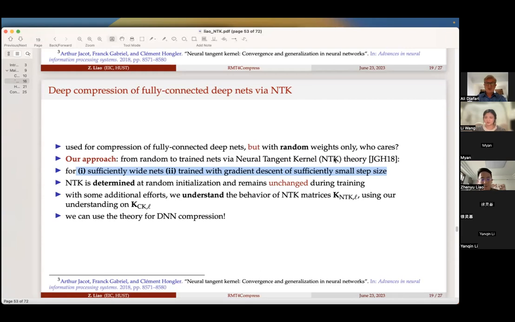So first, for the compression, I know a little bit about transfer learning, but this is not really covered in this talk. For the compression, I know there are many ways to perform model compression.